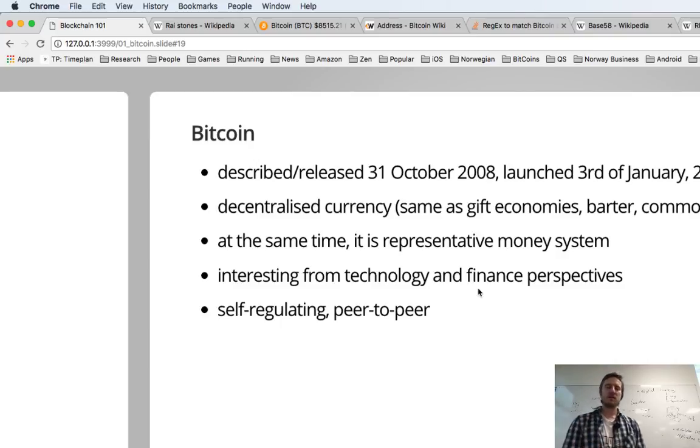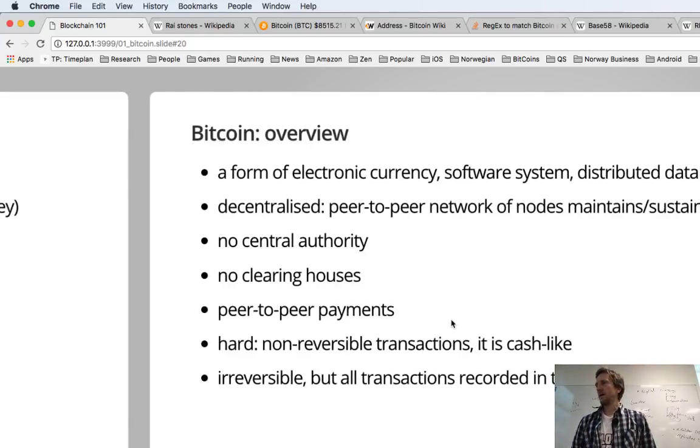It has an interesting incentive model, and it's self-regulating and peer-to-peer. There is no central authority, no one actually deciding on things. It's by nodes adopting a particular patch or particular software that things get changed in Bitcoin.